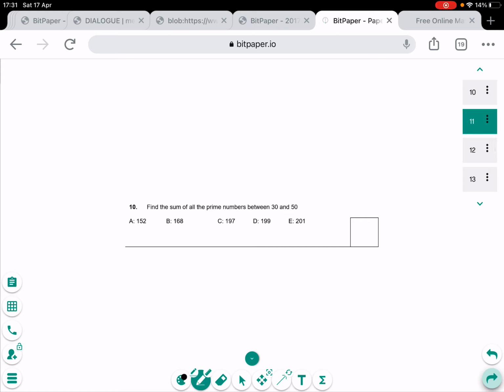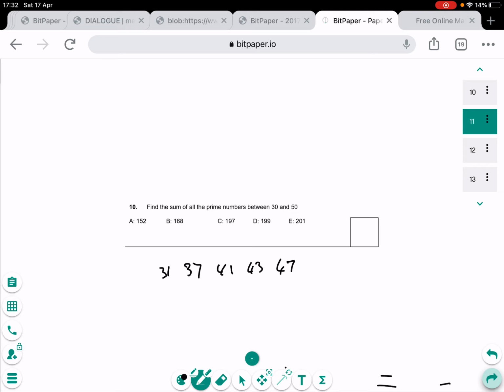So the prime numbers are 31, 33 no, 35 no, 37, 39 no, 41 is a prime number, 43, and 49 is 7 times 7, sorry. 45 isn't, 47 is one, and 49 isn't.